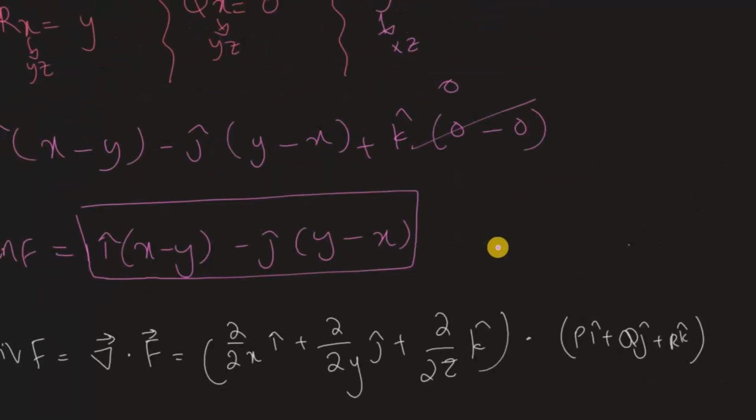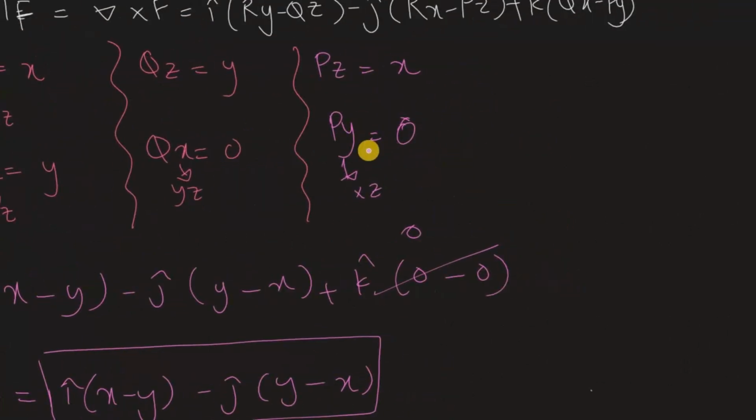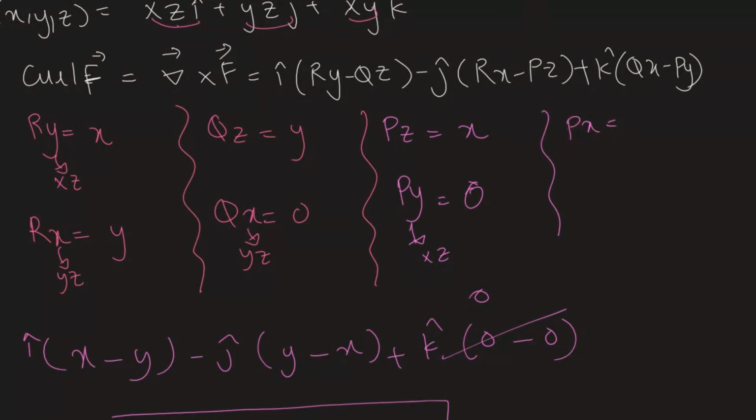Okay, so for divergence we need p of x. Do we already have p of x? No, we don't have p of x. We had p of y, but we don't have p of x. So let's calculate p of x then. Let me use a different color for divergence.